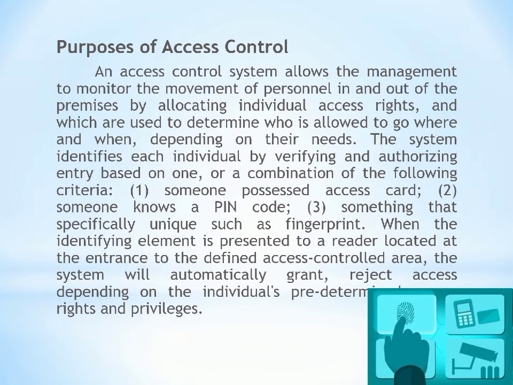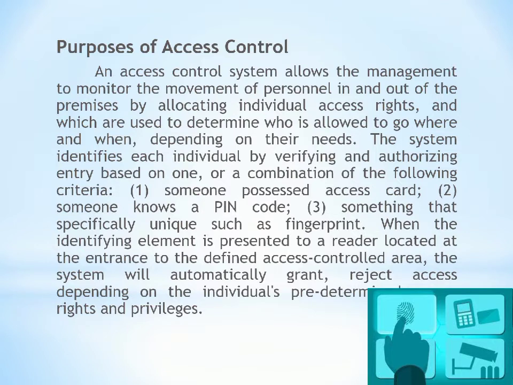Then, the system identifies each individual by verifying and authorizing entry based on one or a combination of the following criteria. 1. Something possessed, like an access card. 2. Something known, like a PIN code. 3.